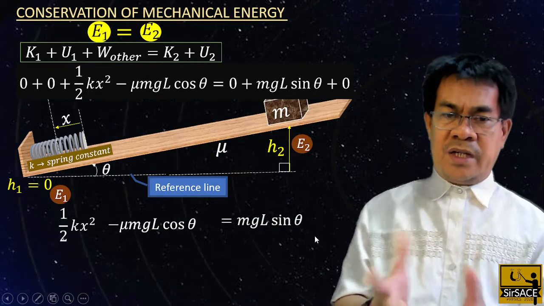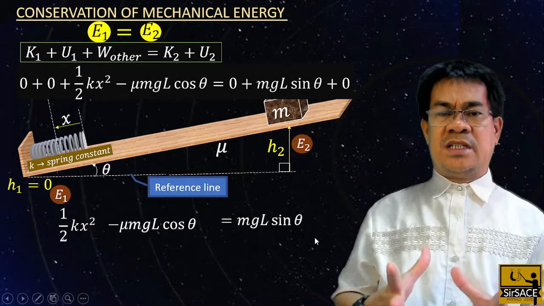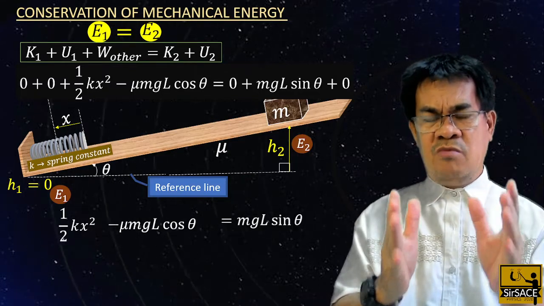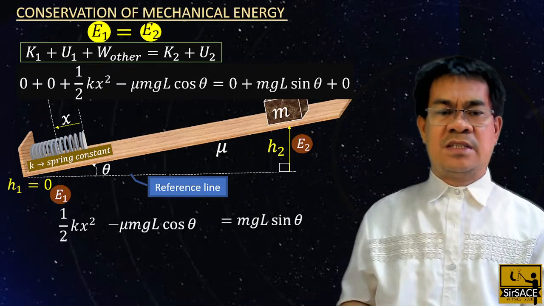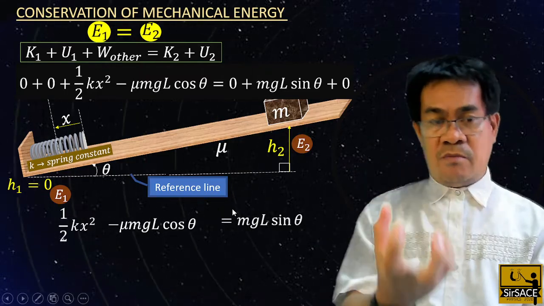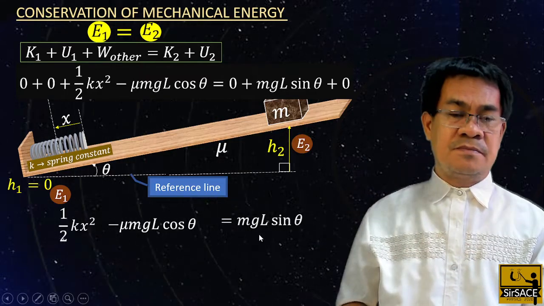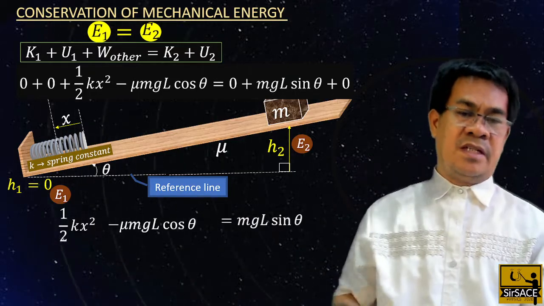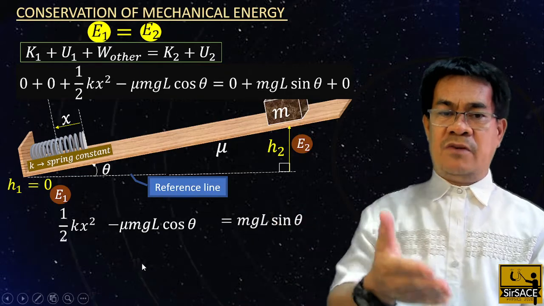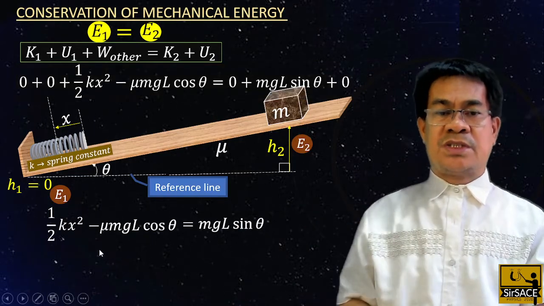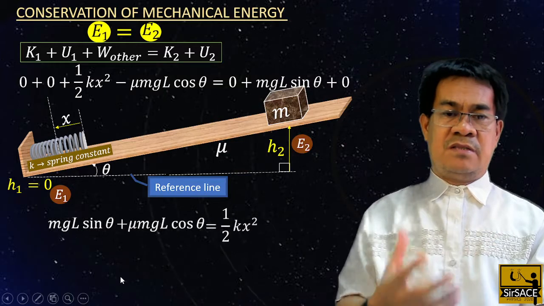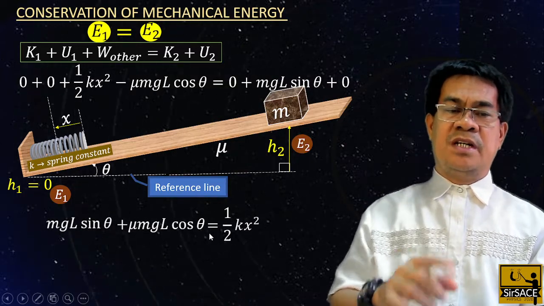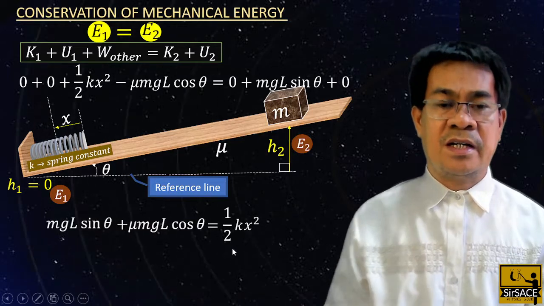Now our task is to solve for L. How much is the stopping distance? In that case, we combine all terms that contain L and place them on the right side, with the 1/2 kx squared on the left side. Then apply the laws of algebra. Be careful with your algebra. So transpose the term. We have mgl sine theta plus mu mgl cosine theta equal to 1/2 kx squared.